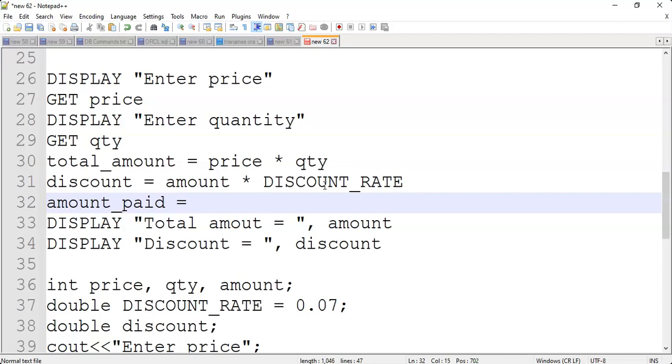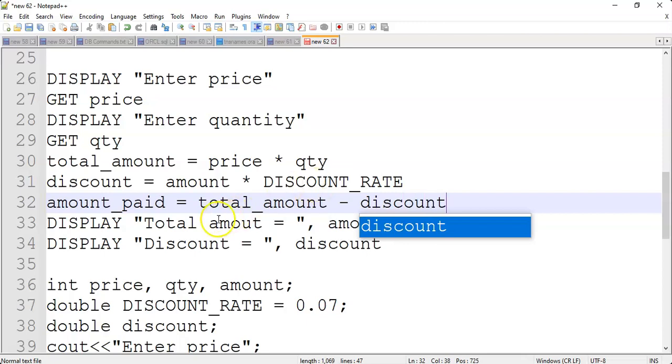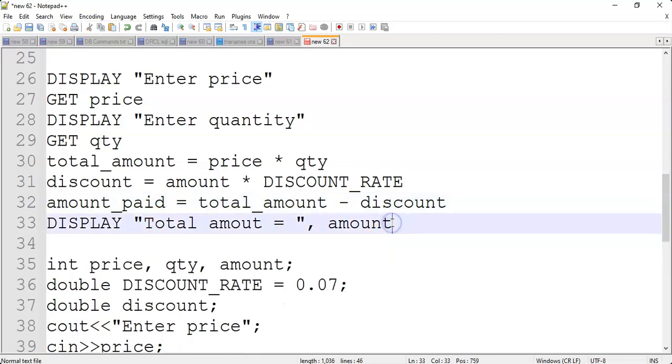And the amount paid, we are going to take total amount, and we are going to subtract from it discount. That will help us to know how much we are actually paying. So what we are displaying at the end is just the amount paid.